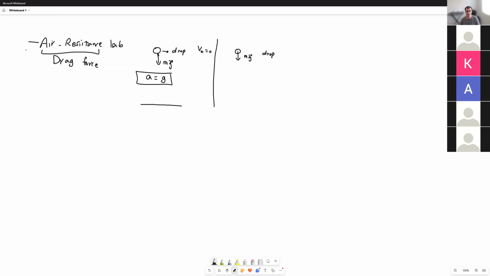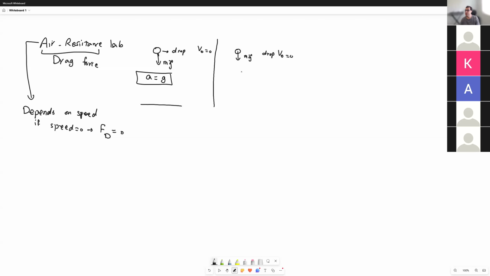Air resistance depends on the speed. If the speed equals zero, air resistance, F_D, D for drag force, is going to be equal to zero. So at the drop, v0 equals zero, air resistance is equal to zero. And as the object gains speed, the air resistance increases.